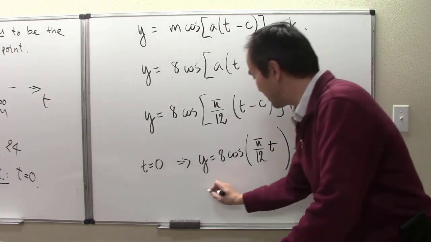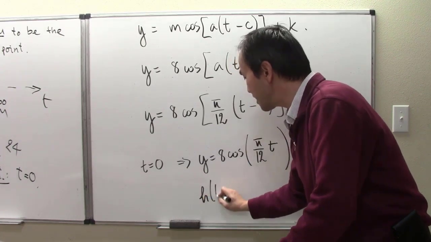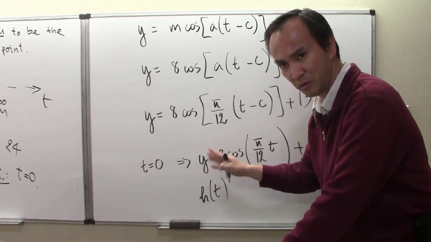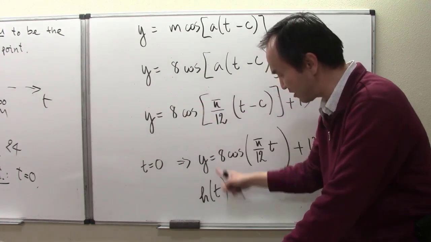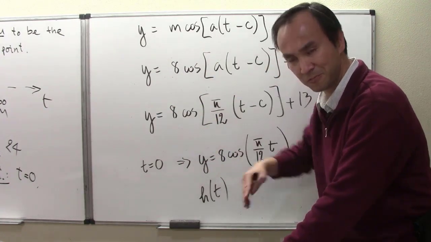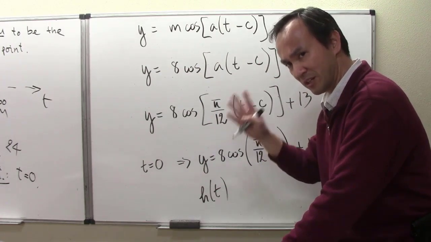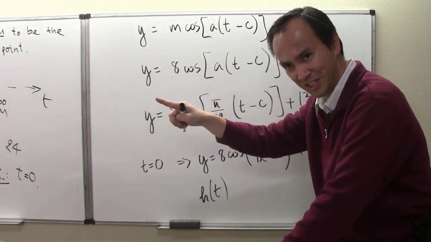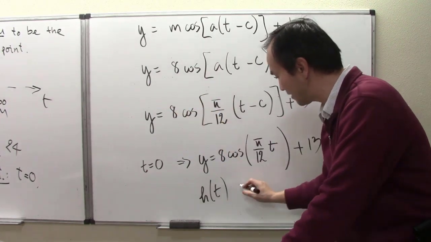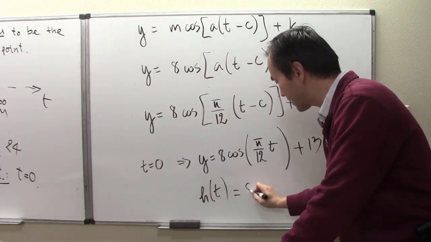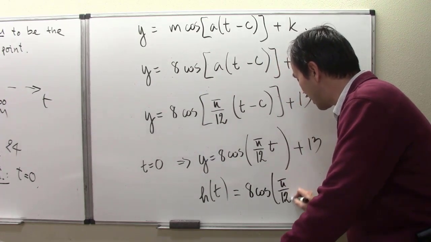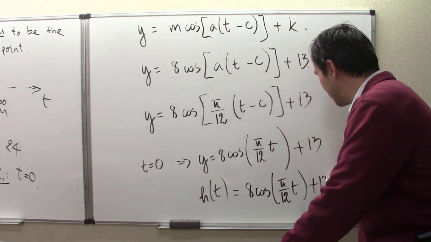We have seen how we can write the modeling function differently for the same exact data. It all depended on how we chose the starting point, and that came up with a different function. So now here we have 8 cosine of pi over 12 t plus 13.